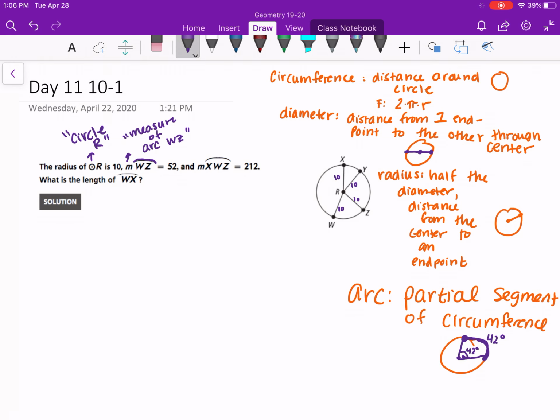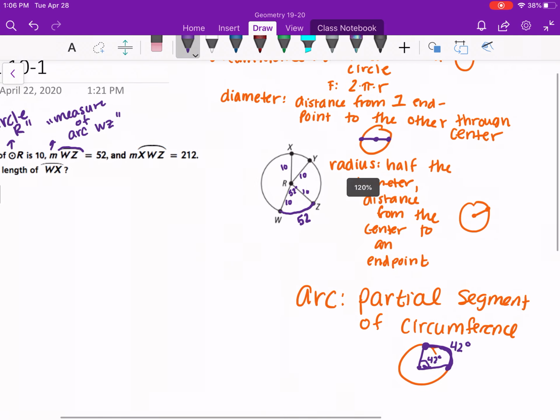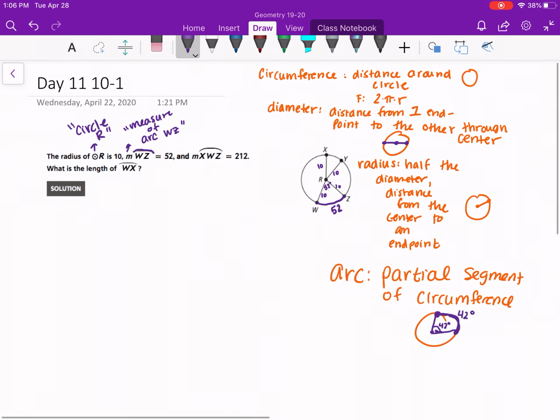So that means that those angles are the same thing. If the measure of arc WZ is 52, that means that this angle right here is also 52 degrees. And we know that all of the angles in a circle add up to 360.